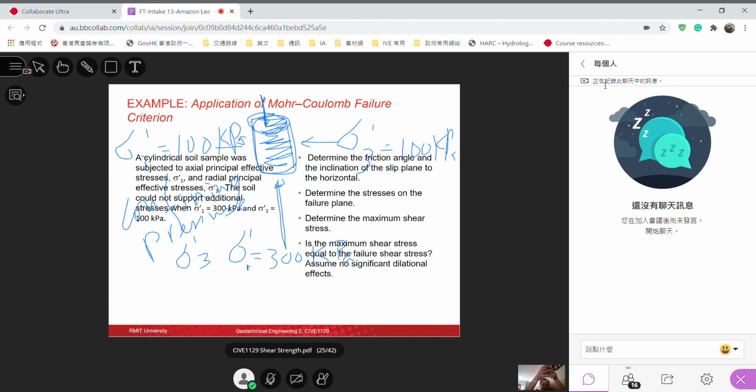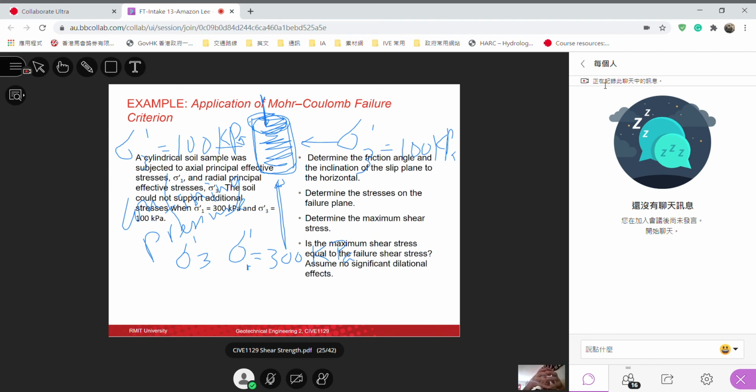We put the sample in the triaxial cell, and all around it we apply water pressure. This water pressure we call confining pressure. We confine the soil with water; we pressurize it. In this example, the confining pressure is 100 kPa. So 100 kPa means about 1 atmospheric pressure. Compared to normal atmospheric pressure, we add another 100 kPa of water pressure onto the soil sample.